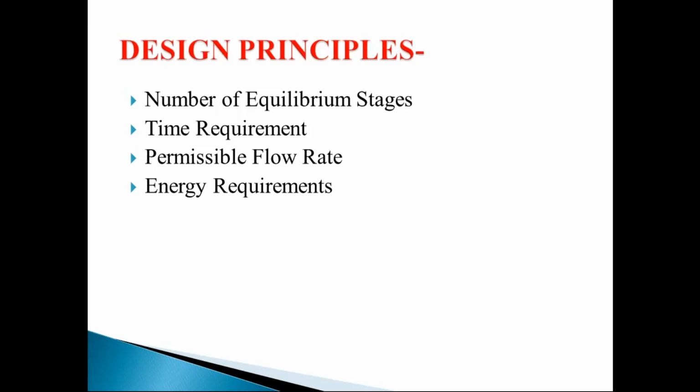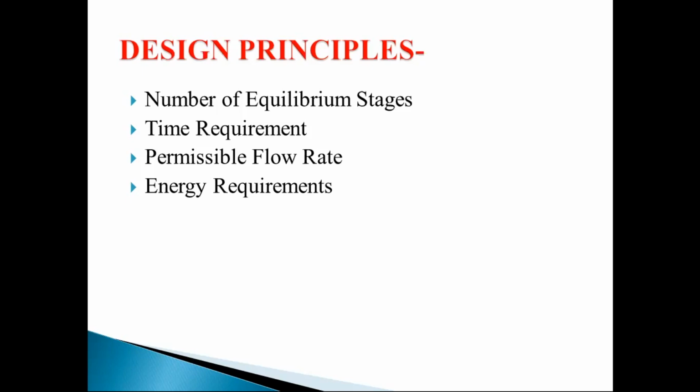And second one, time requirement. We should know what is the time requirement for any process. Is it time consuming? We should know that. So in stagewise operation, the time of contact is intimately connected with stage efficiency, whereas for continuous contact equipment, the time leads ultimately to the volume or length of the required device.